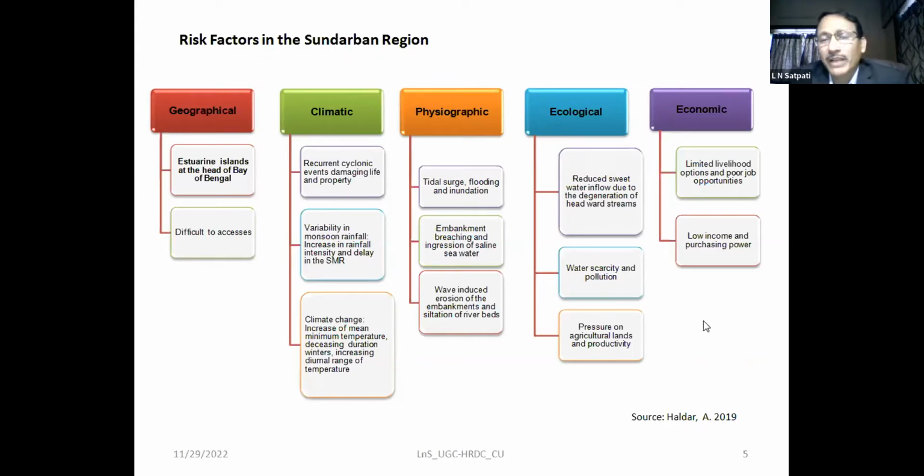So what is happening? Many of the ponds have become the culture sites for these Vannamei shrimps, and agricultural plots are also brought under this.